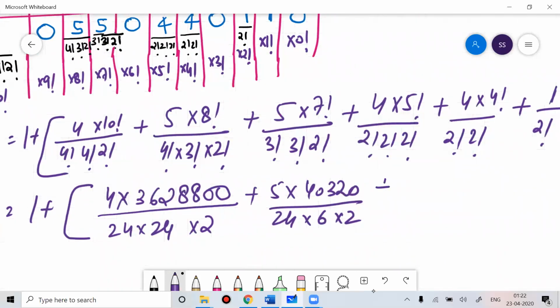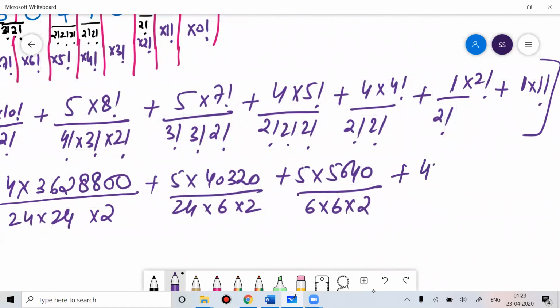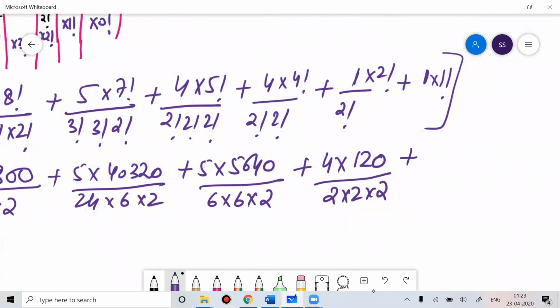Plus 5 into 5040 divided by 6 into 6 into 2. Plus 4 into 120 divided by 2 into 2 into 2. Plus 4 into 24 divided by 2 into 2. Plus this gets cancelled. This is 1, this is 1.